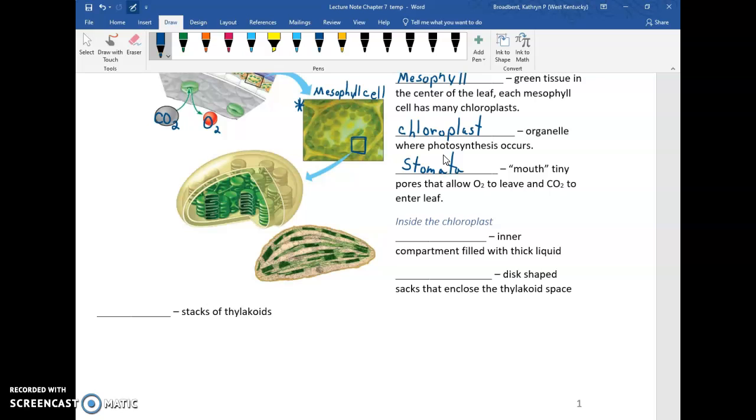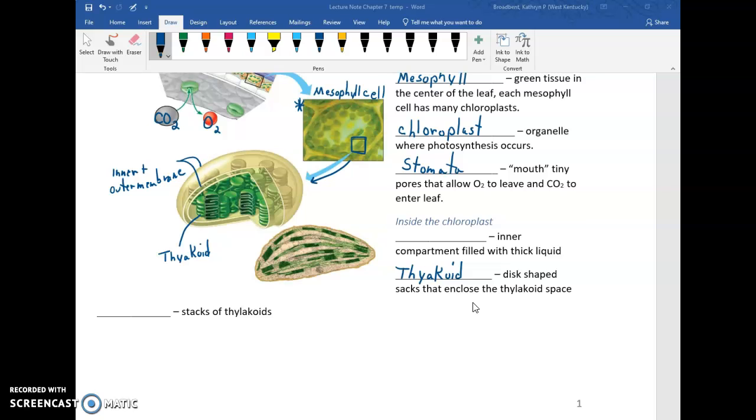So if we look inside our chloroplast at this kind of cartoonish diagram, we have the structures inside the chloroplast. So the chloroplast has an inner and an outer membrane. So there we have the outer membrane, and then the inner membrane is the second one. Inside the inner membrane, we have a thylakoid. The thylakoids are a disc-shaped sac that encloses a thylakoid space.